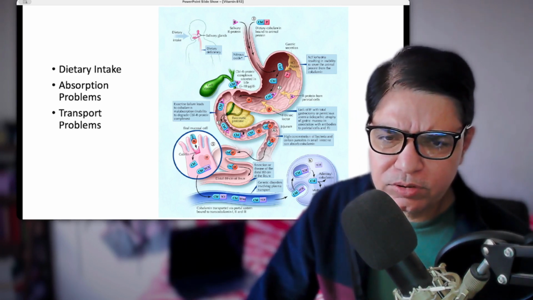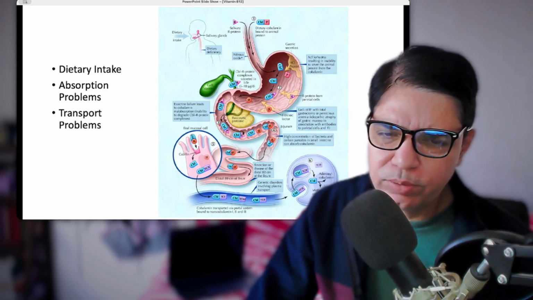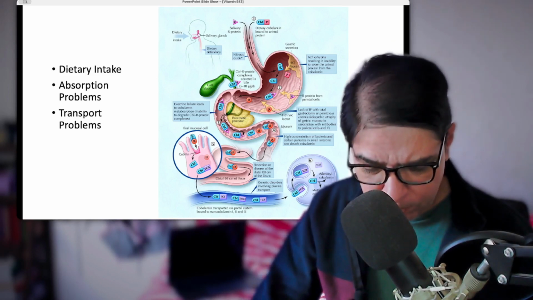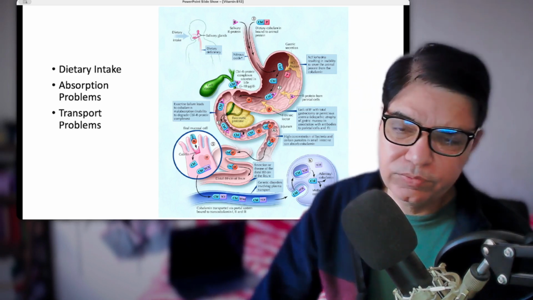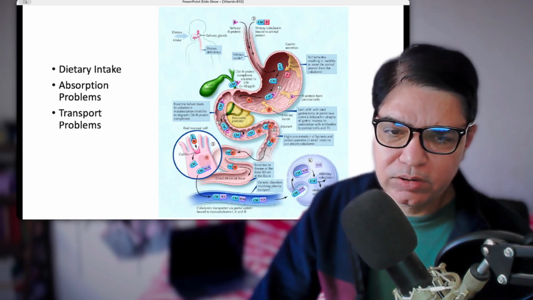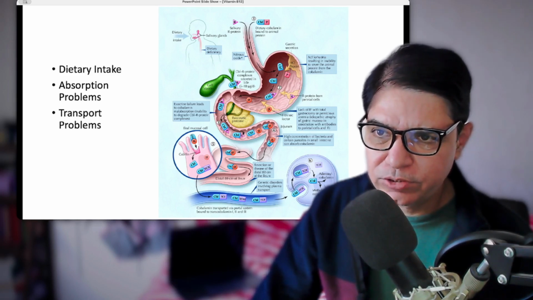People who have had surgery or for some other reason could have bacterial overgrowth, and that can lead to absorption issues with vitamin B12. So as I said, this is a very complex physiology of vitamin B12 digestion and absorption, and at various parts it can have issues, either with diet, absorption, or transportation.